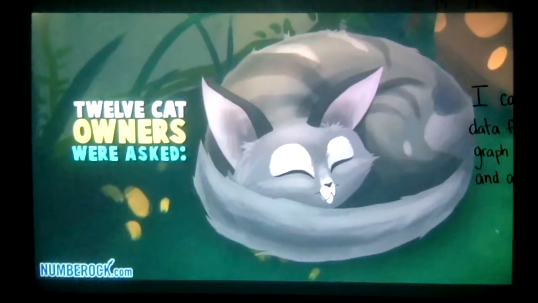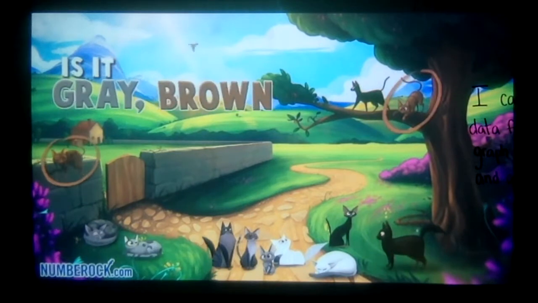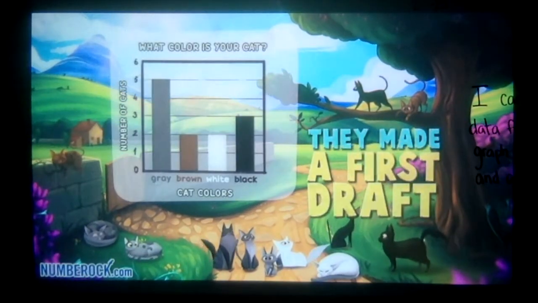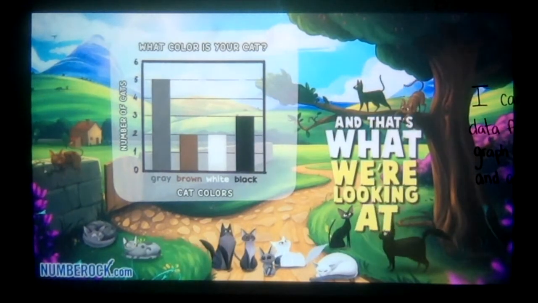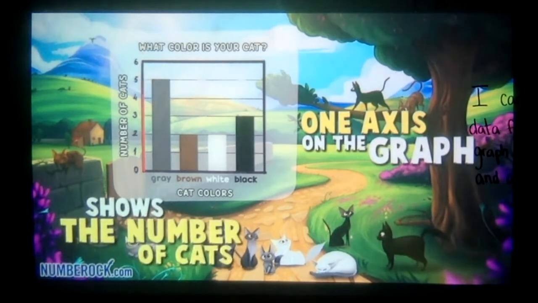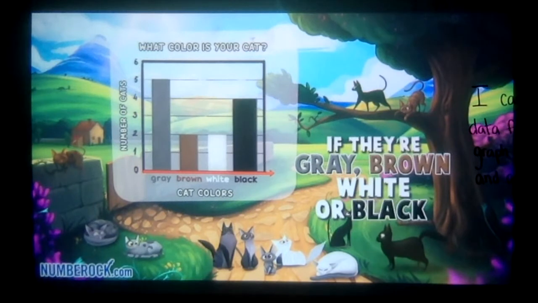Twelve cat owners were asked, what color is your cat? Is it gray, brown, white, or black? They made a first draft of a bar graph, and that's what we're looking at. One axis on the graph shows the number of cats. The other axis tells us if they're gray, brown, white, or black.